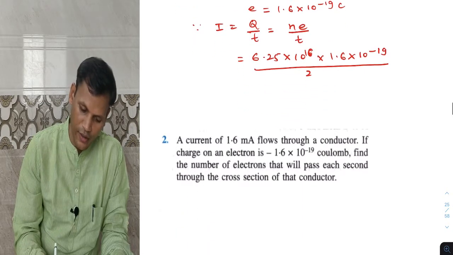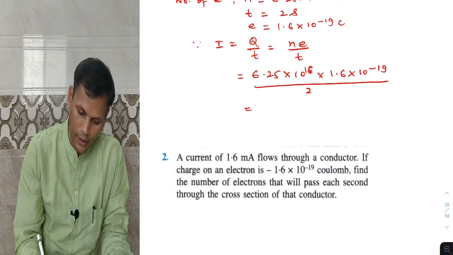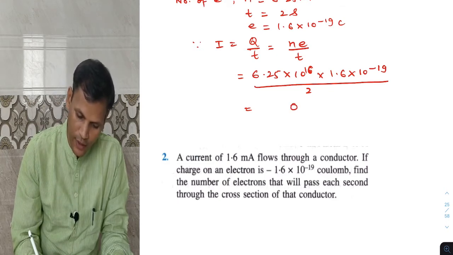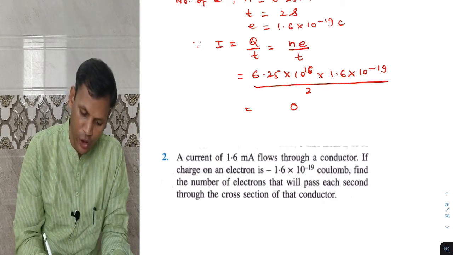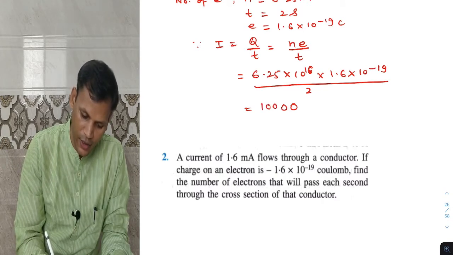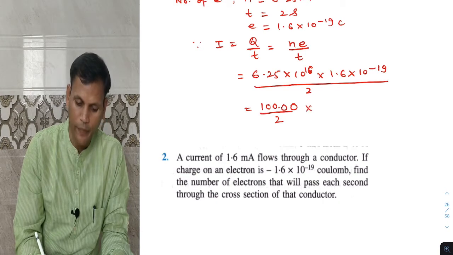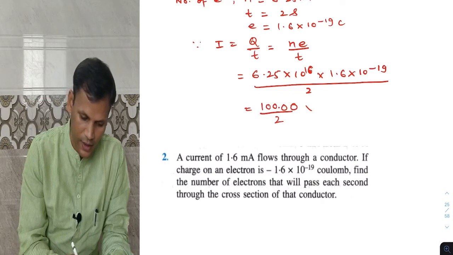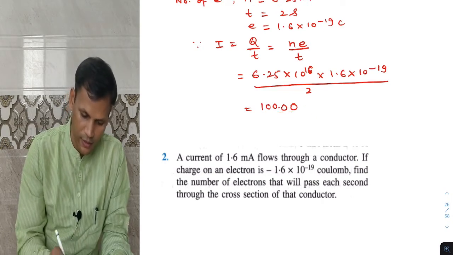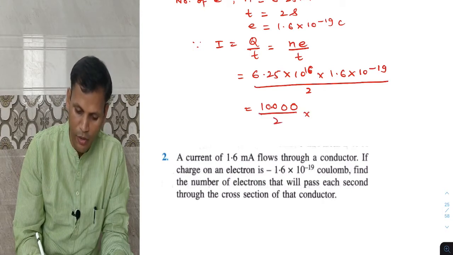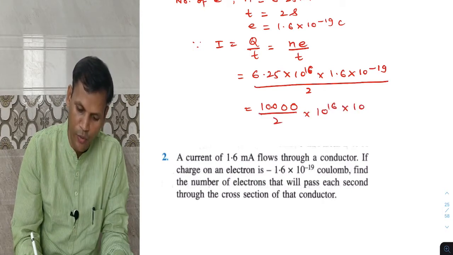So 16 fives are 80, 16 twos are 32, and adding gives 100 with the decimal at 3 places, so it becomes 100 by 2, and the powers of 10 are 10 raised to 16 into 10 raised to minus 19.